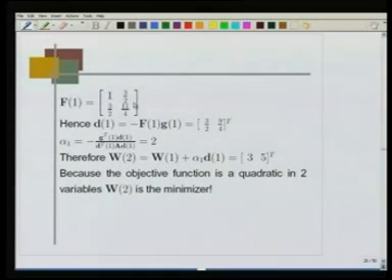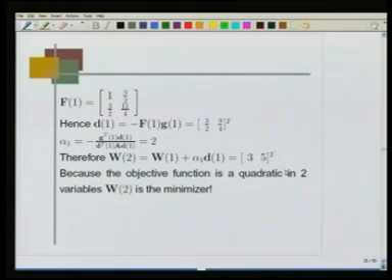You remember that this has to be a 2 by 2 matrix, that is the approximation to the inverse of the Hessian matrix, and D1 is minus F1 G1, alpha 1 is given by 2, therefore W2 is 3 by 3 and 5.